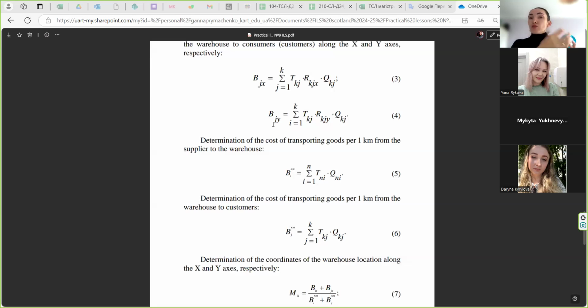And now we use parameters J when we use delivery of cargo from our warehouse to our clients. So write please B with index JX is equal to, and also we find these three parameters, tariff, distance, and cargo for our clients by axis X.